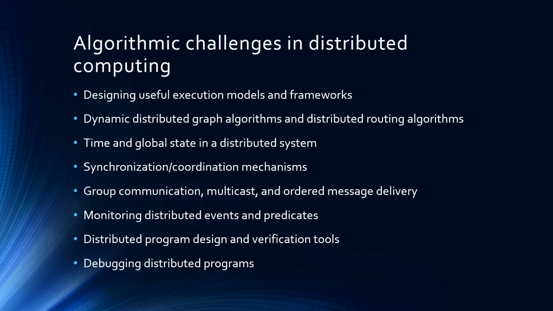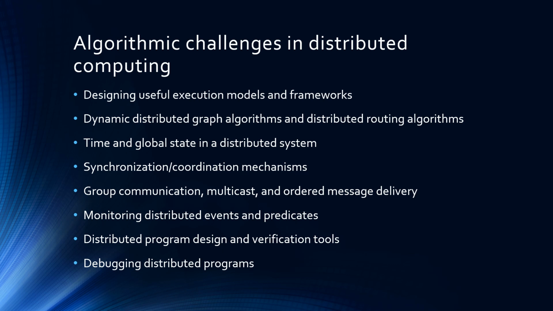Okay. Next one is distributed program design and verification tools. Methodically designed and verifiably correct programs can generally greatly reduce the overhead of software design, debugging, and engineering. So definitely designing plays a big challenge.